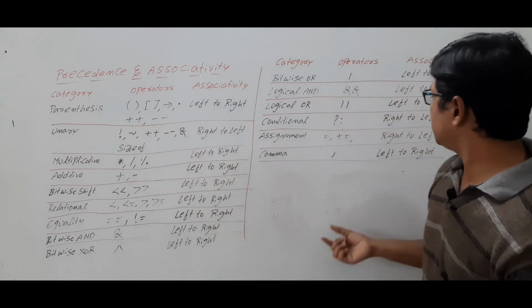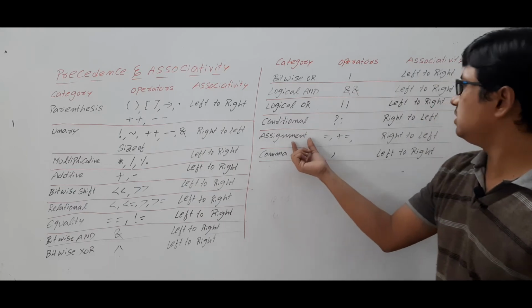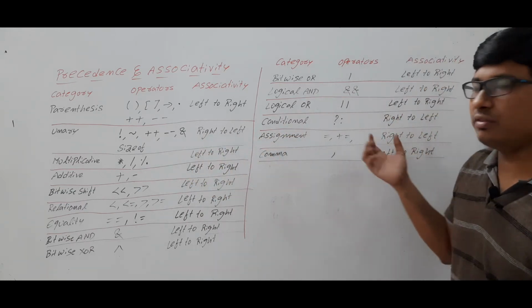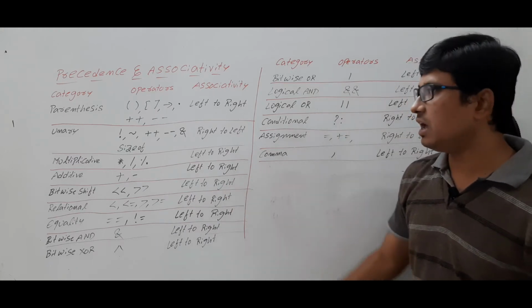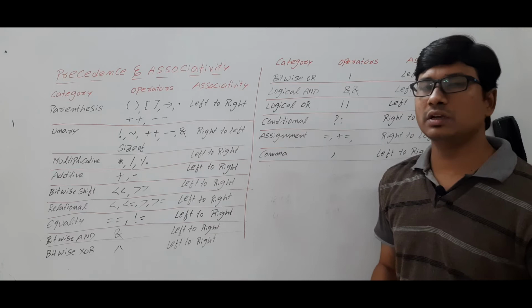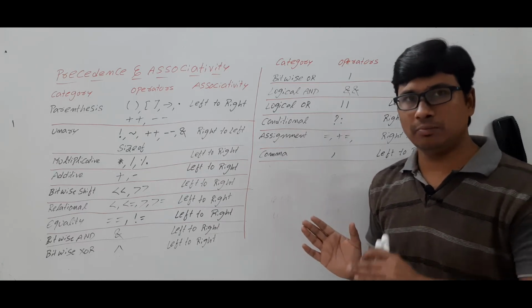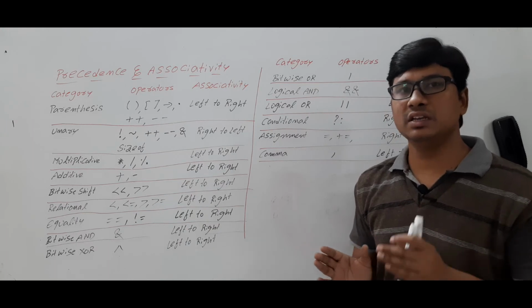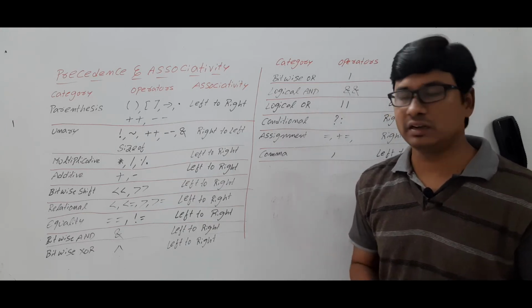The associativity for the assignment, for conditional and unary is right to left, whereas others are left to right. I request everyone to draw the entire table so that you can remember them in a proper way, and whenever someone gives an expression, you can easily evaluate it and give the correct result.